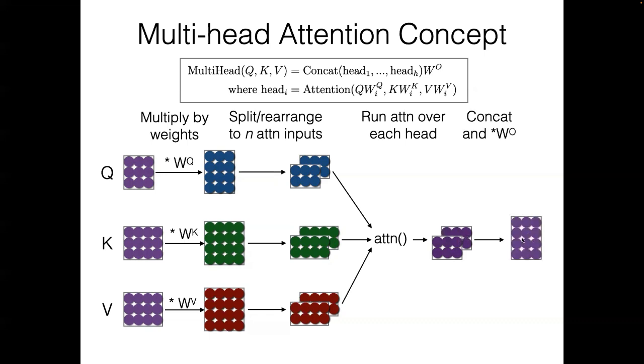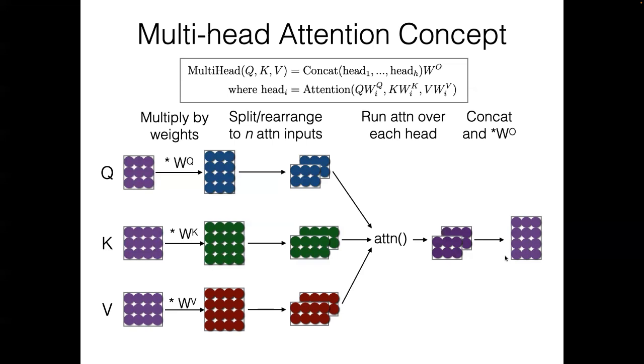And then at the end, we just concatenate them together. So in some sense, we take our original inputs, split them up, and then run attention in parallel, and then combine the results at the end. And that's the idea of the multi-head attention.